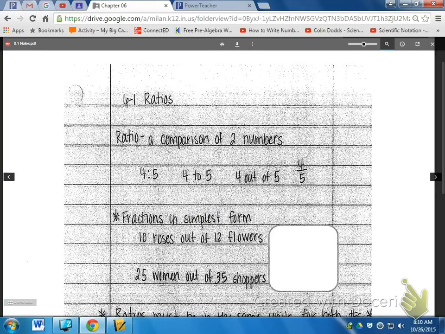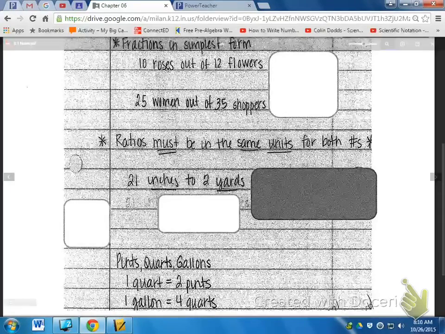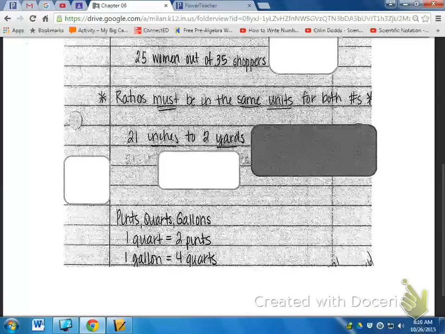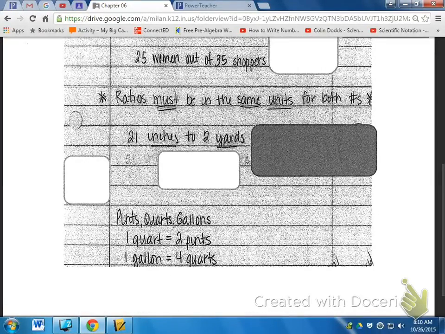But you're going to end up getting some things that are a little more mathematical, just like this. Ratios must be in the same units for both numbers. Okay? When you're talking roses and flowers, there are no units, and women and shoppers, there are no units.